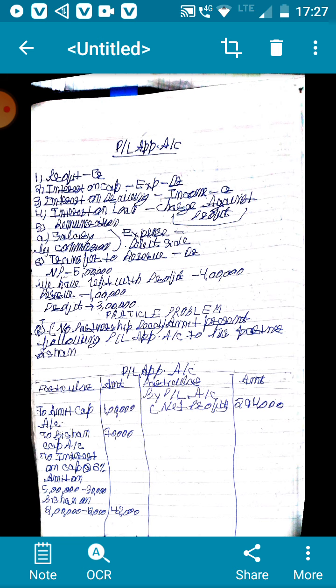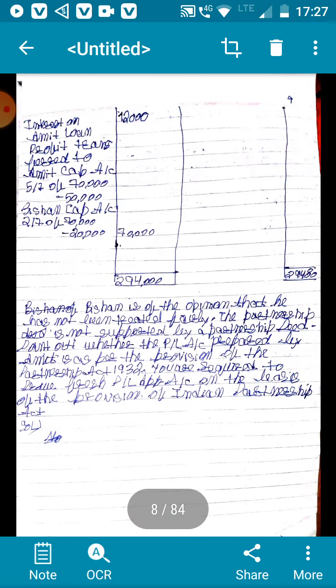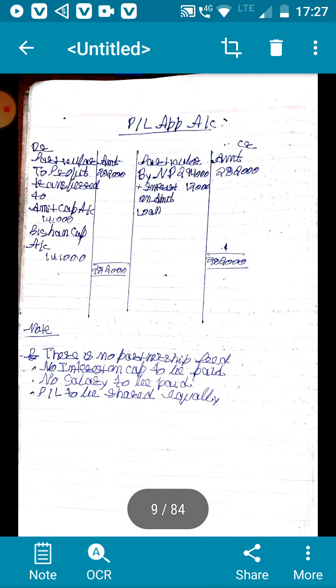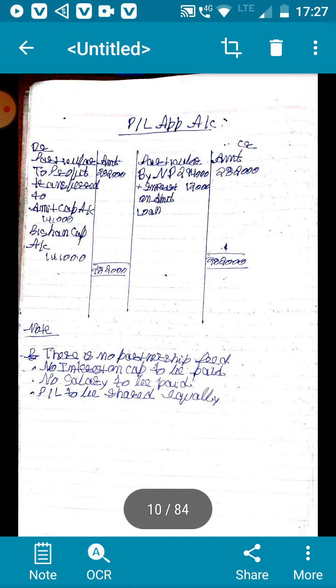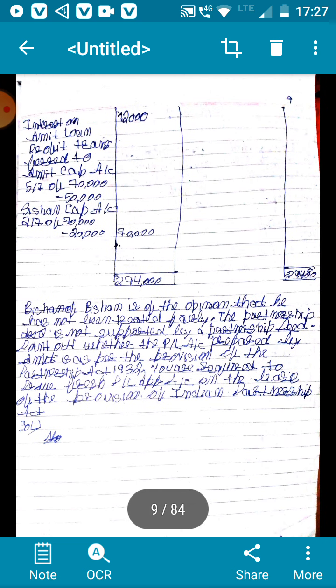While preparing the profit and loss appropriation account, the net profit is 2,94,000. Interest on partner's loan is given as 12,000, so we have deducted the interest on partner's loan amount of 12,000.